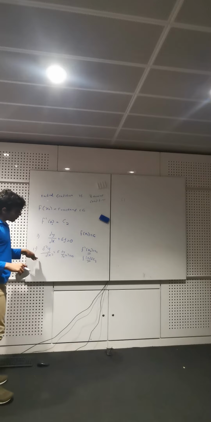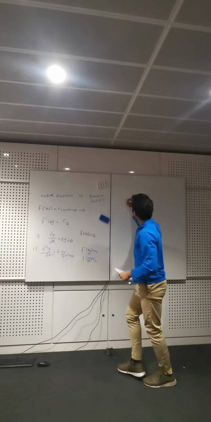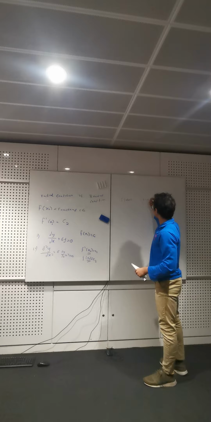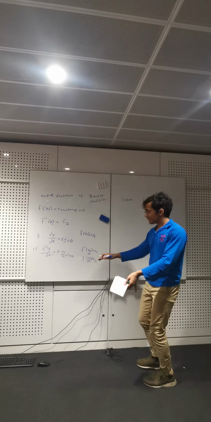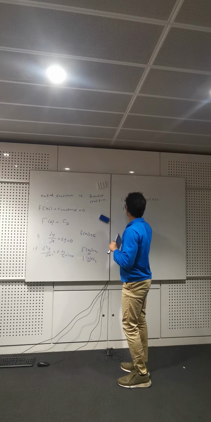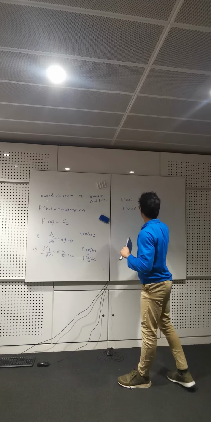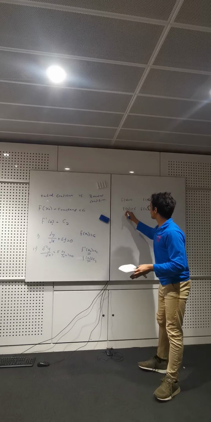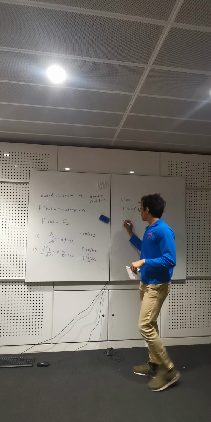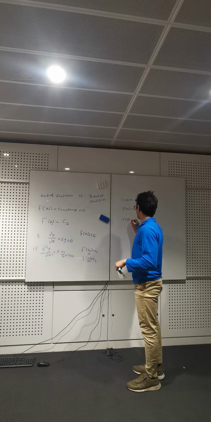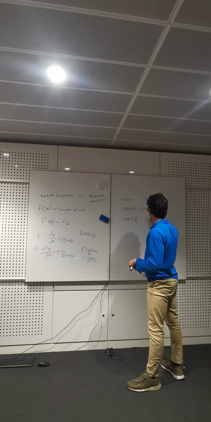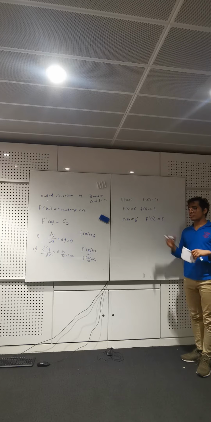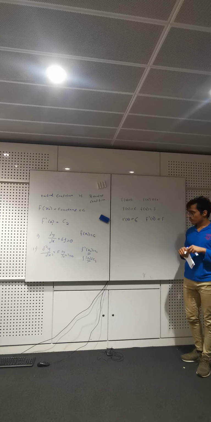For the second order differential equation, it can be, for example, f at 3 is equal to 6, and f at 4 is equal to 5. This is a boundary condition because the points are different. It can also be f prime of 3 is equal to 6 and f prime of 4 is equal to 5. This is another type of boundary condition.